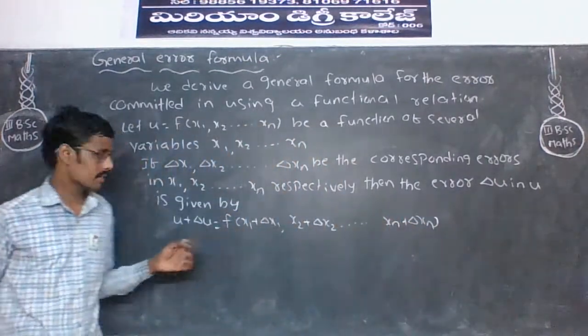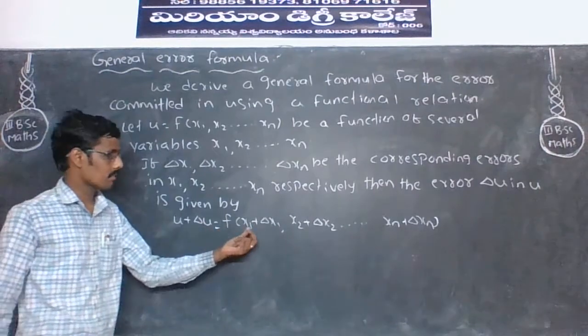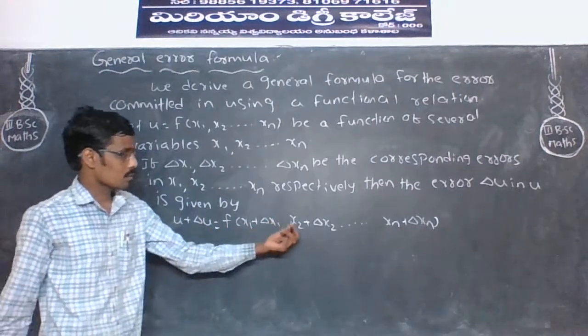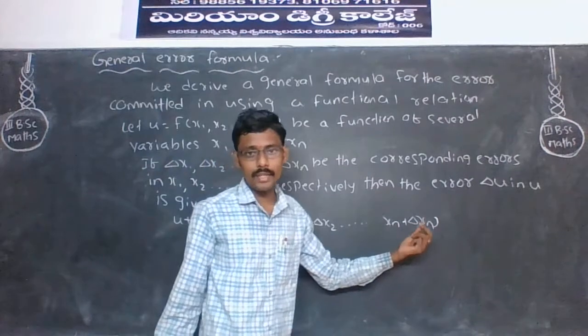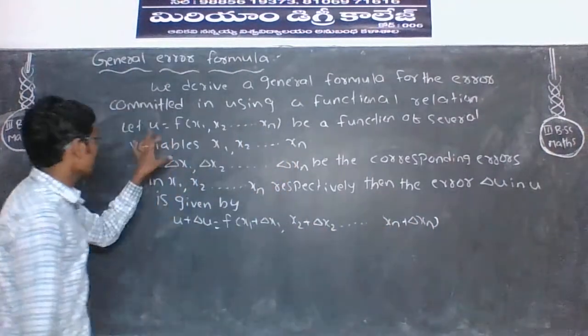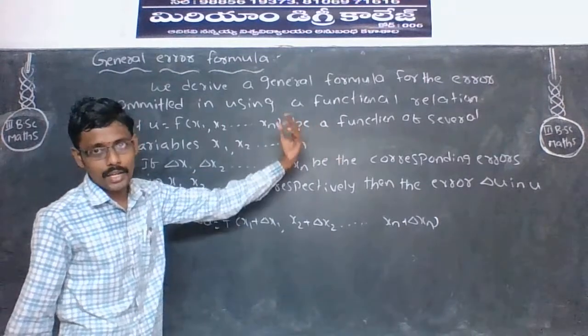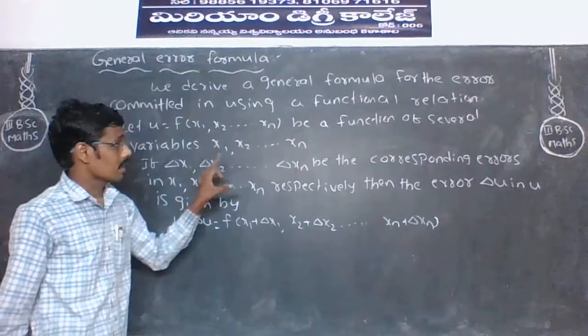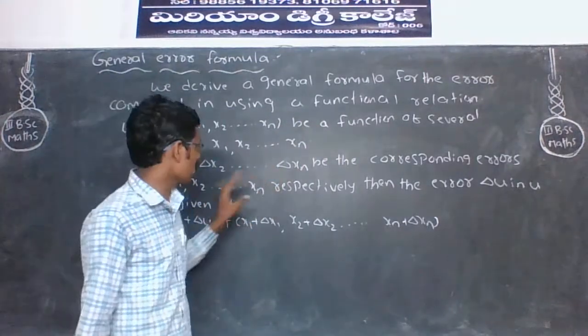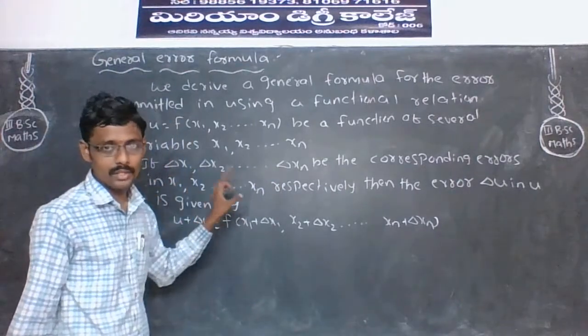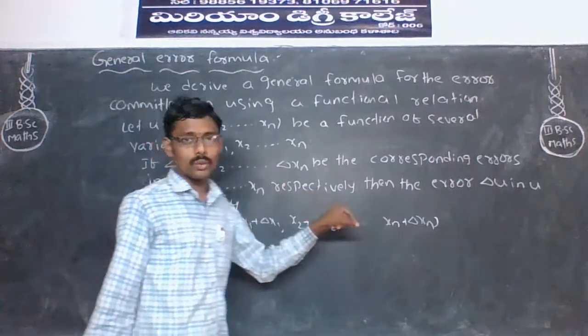Expanding the right hand side, u plus delta u is equal to f of x1 plus delta x1, x2 plus delta x2 and so on, xn plus delta xn. So let u is equal to f of x1, x2, xn be a function of several variables. Delta x1, delta x2 are the errors corresponding to the variables x1, x2 and so on. The error in u is delta u.